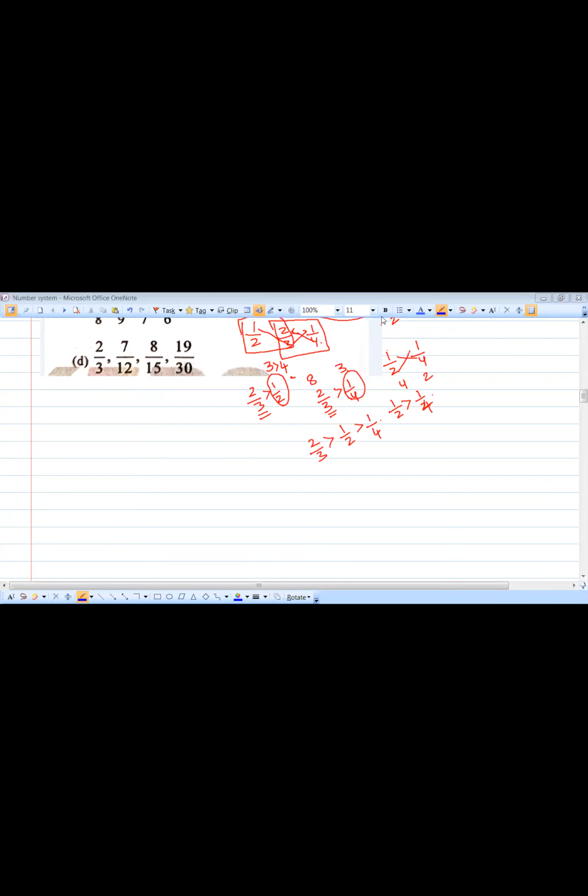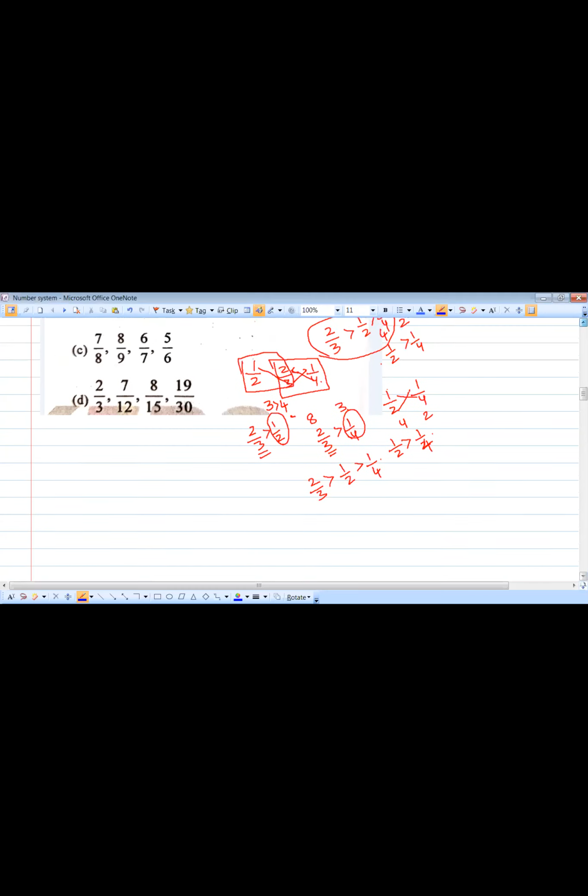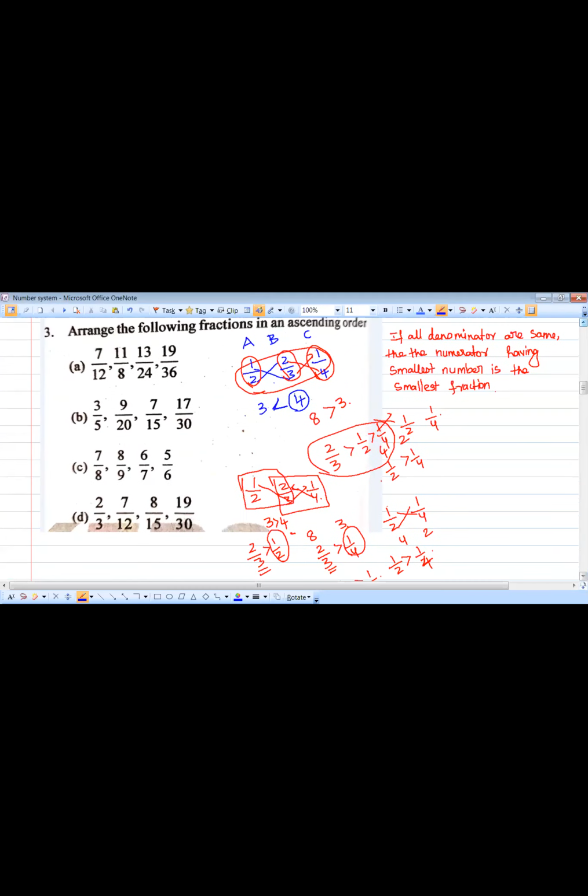Now let's discuss the next question. Arrange the following fractions in non-ascending order: 7 by 12, 11 by 8, 13 by 24 and 19 by 36.